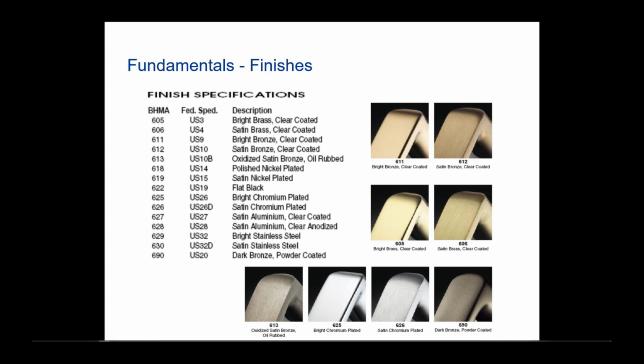The most commonly used today are BHMA and ANSI, and you can see those here with some really quick ones. The most identifiable one being 626, which is US 26D. I think it's pretty far down on the list here, and that is satin chromium plated.